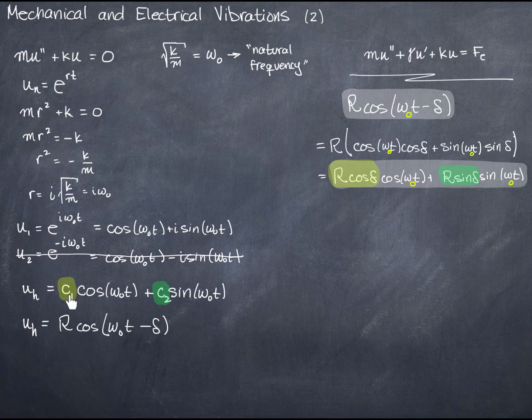And C1 is composed of both r and cosine of delta. And when I choose to write this expression in this form, what I'm saying is that this thing here is just a single cosine function whose graph has been shifted over by some value delta, right? It's just been horizontally shifted.